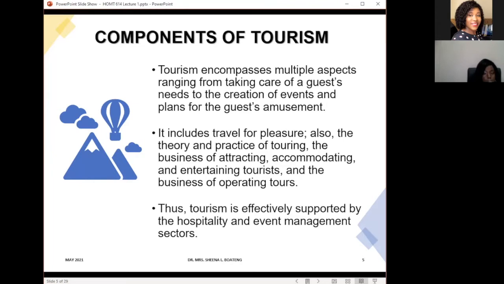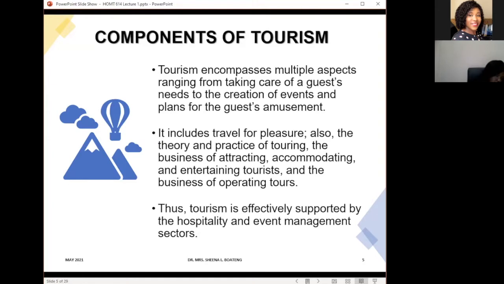However, tourism also involves the business of attracting these people. Hence, the various actors and intermediaries in the sector, including the travel agencies, the travel agents, the destination management organizations, among others. And it also includes accommodating people, which is where Kwame's business comes in. So the 5-star hotels, the 4-star hotels, the budget hotels.